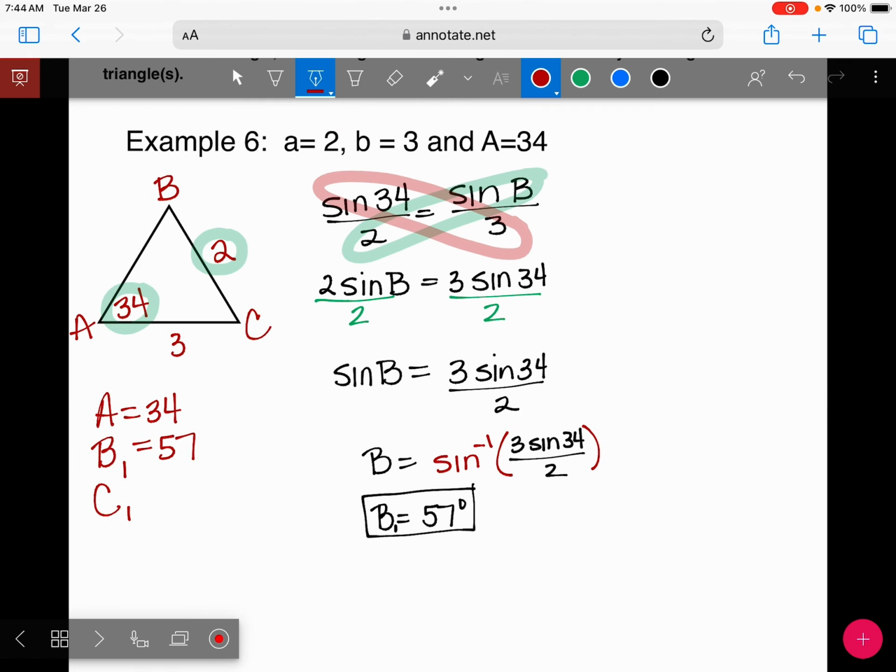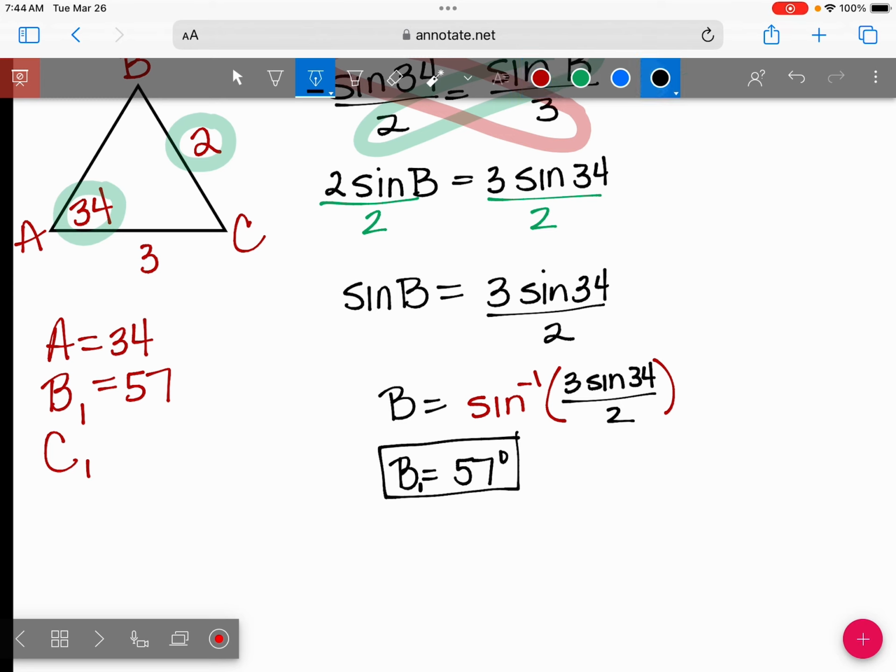So let's find C1. In order to find C1, I would take 180 minus A1 minus B1. Go ahead, type that in.